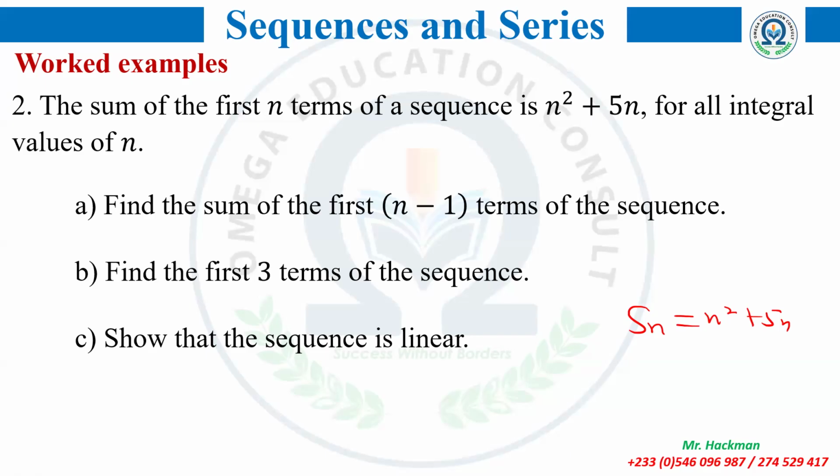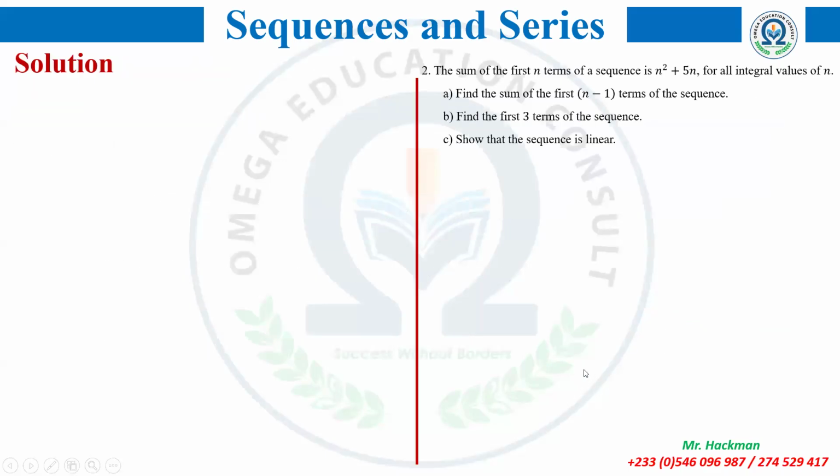So it should be 1, 2, 3, 4, 5, and so on. It cannot take a decimal. So you can't find S of 0.5, S of 1.5, or S of 2.5. That is the meaning. Point well made now? Yes. Indeed this will be valid for all integral values of n.